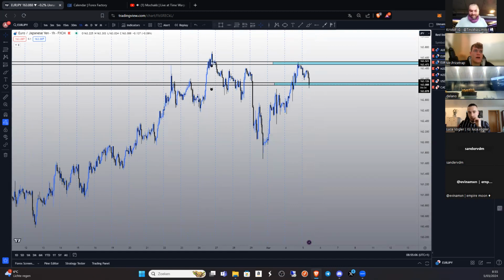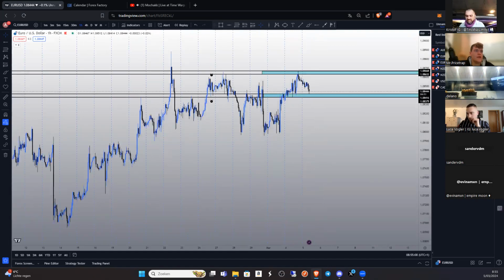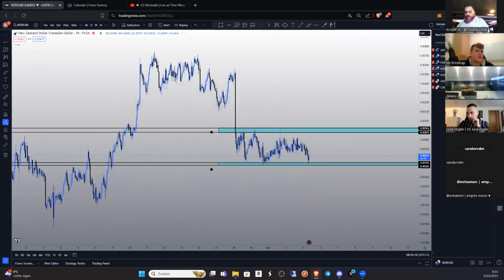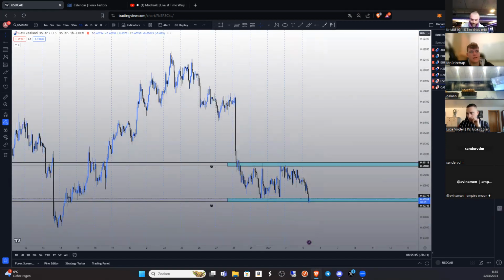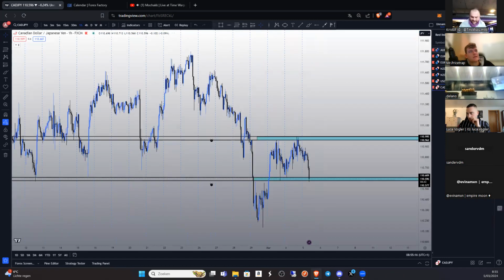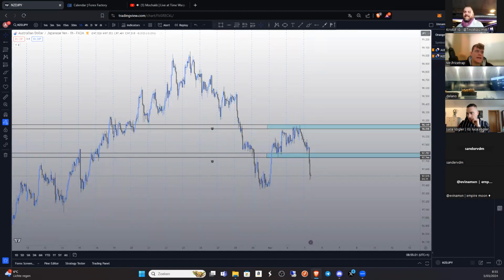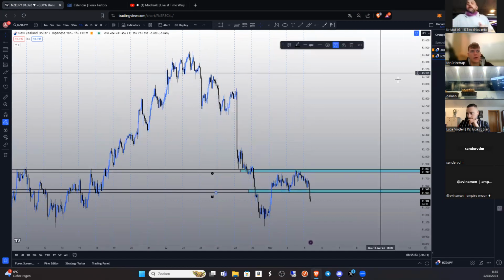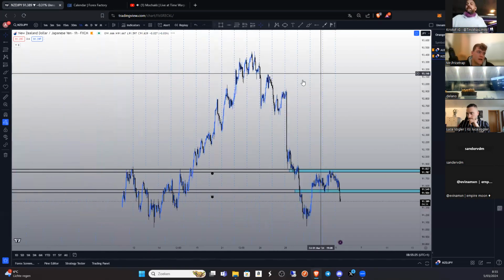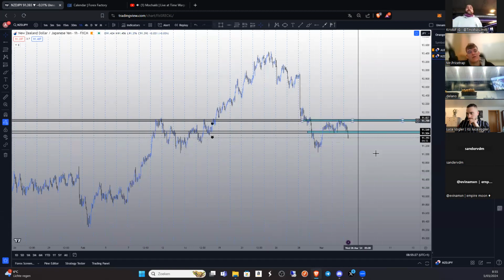Then we have Euro JPY, Euro USD. We also have NZD Canadian, NZD USD, USD Canadian, Canadian JPY, and then of course the last two, AUD JPY and NZD JPY. These two already broke out, simply waiting for the retest to follow up the downside movement. We shall see.